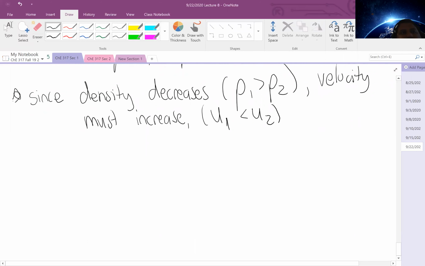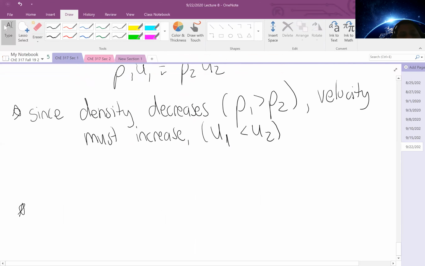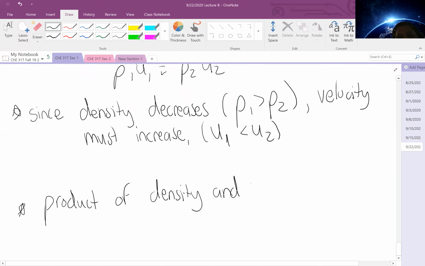At the same time, I can also state that the product of density and velocity will remain constant.